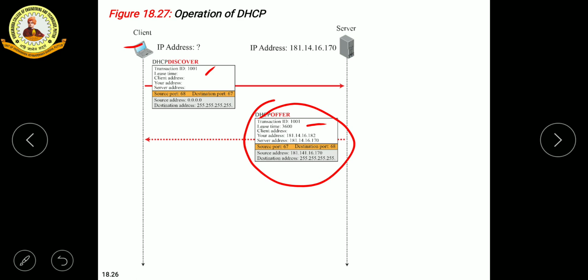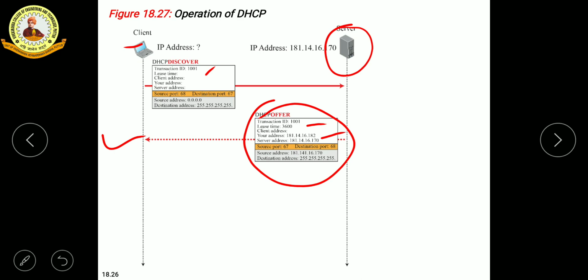Then your address: it has given an address, 181.14.16.182. It is saying that the client should use this IP address, whereas the server's IP address is 181.14.16.170.